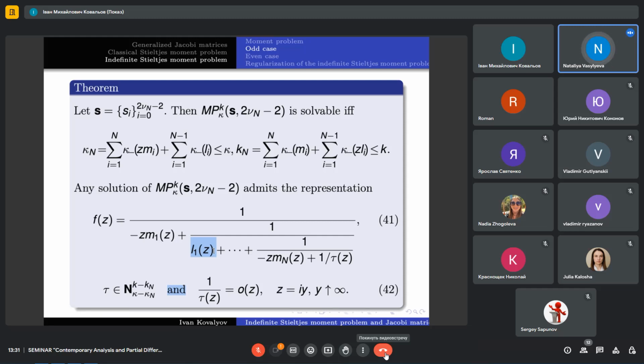That's why you study some polynomial where, instead of lambda, you substitute your operator.